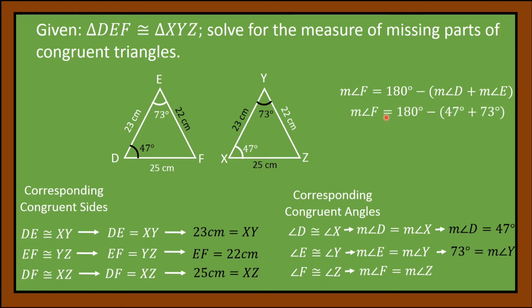The measure of angle F is equal to 180 degrees minus, ang sukat ng angle D ay 47 degrees, based dito sa nakuha natin kanina, at ang sukat naman ng angle E ay 73 degrees. Next, kapag inadd natin ang 47 degrees at 73 degrees, ito ay equal sa 120 degrees.